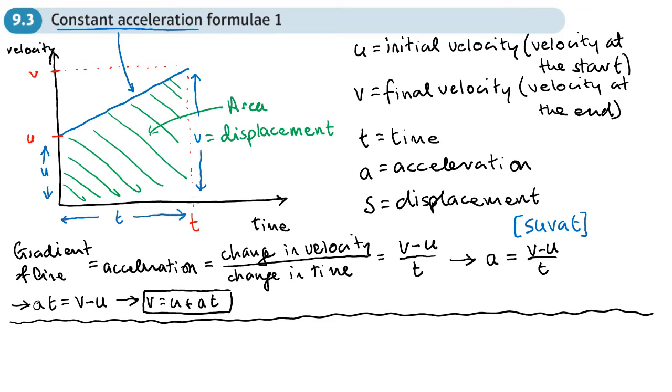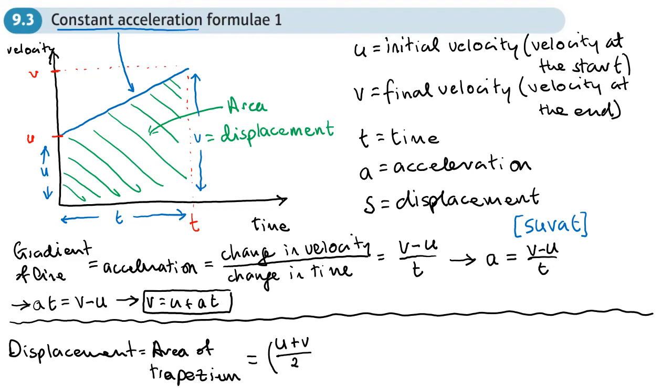So now I should be able to get another formula. The displacement is equal to the area of that trapezium on its side, and the area of that trapezium is going to be the two parallel sides added together divided by 2 times by the height, which is t.